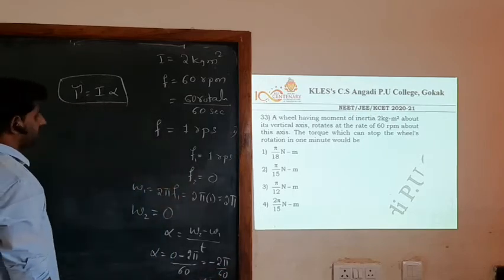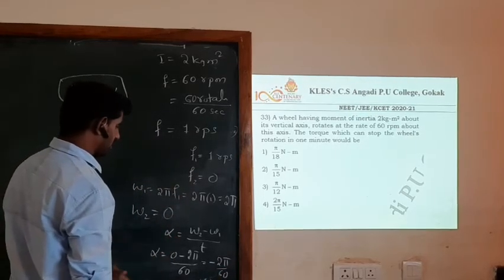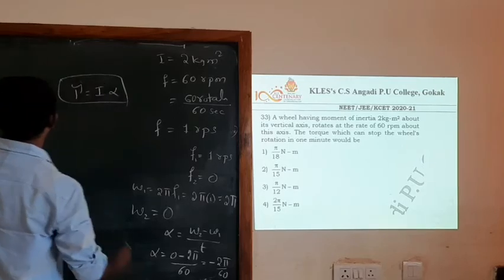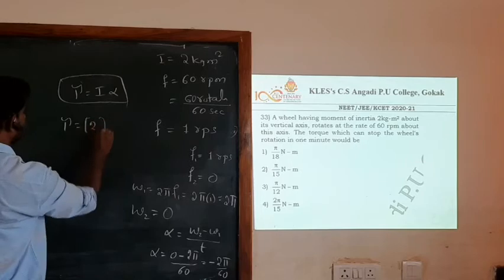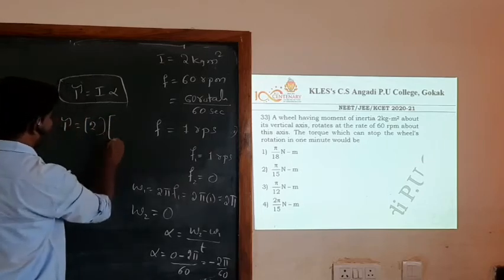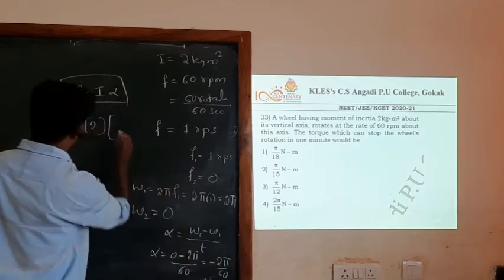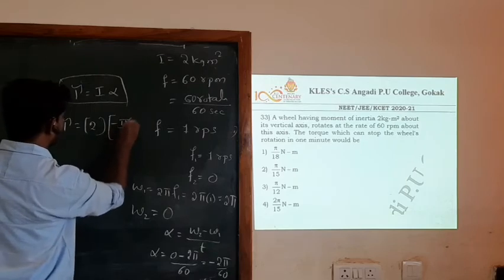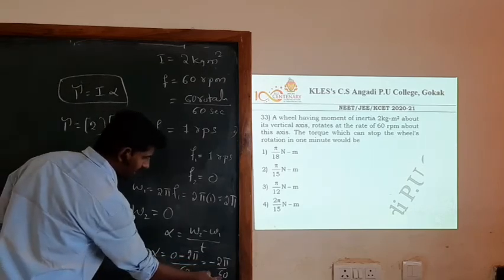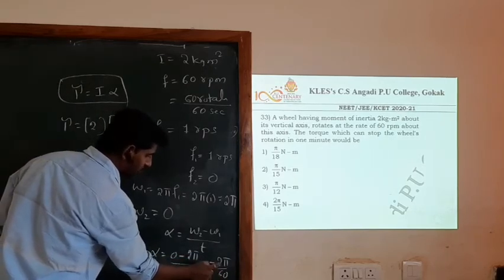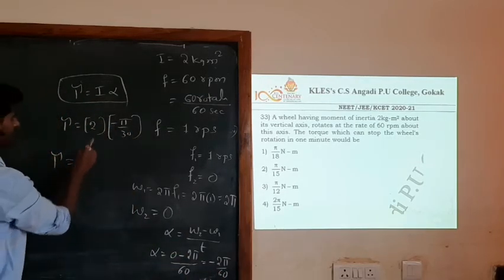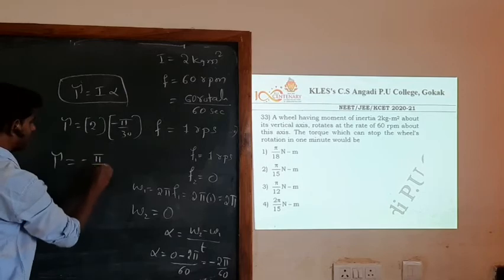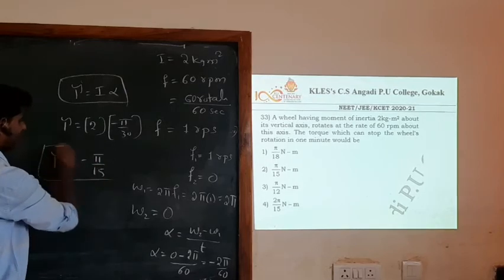Next step, tau is equal to I value, this is 2, and alpha value, minus 2 pi by 60, I can write it as minus pi by 30. So 2, we can cancel 2 and 60, this is pi by 30 with the negative sign. So now 2 and 30, we can write minus pi divided by 15, this is our answer.